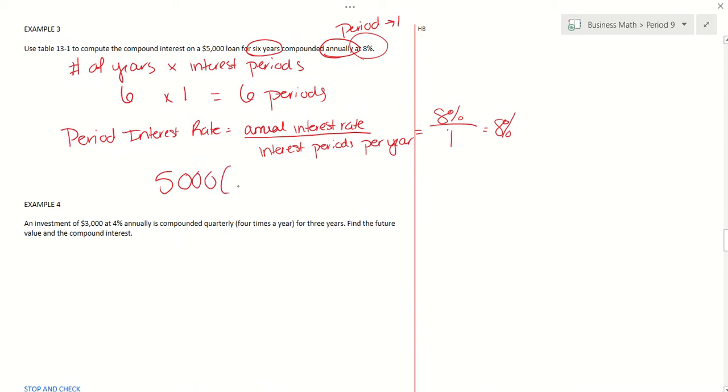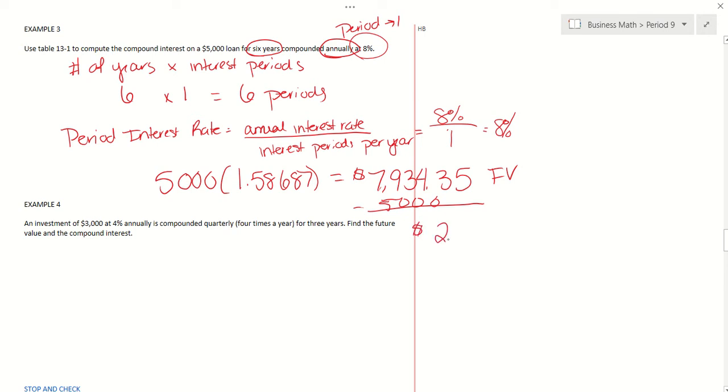So 5,000 times 1.58687 gives us $7,934.35. That is your future value. This question says compute the compound interest. Well, subtract your starting loan to find your interest, and there is your interest.